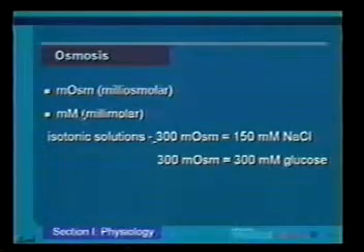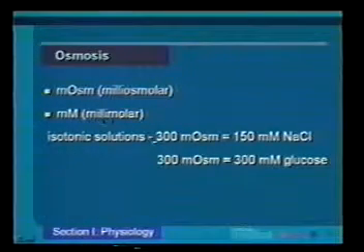Now, you may have to convert millimolar into milliosmolar or in the reverse direction. And the standard rule is, if you have it in millimolar and you want to convert it into milliosmolar, you multiply by the number of particles you get when you dissolve that molecule in solution. For example, sodium chloride will dissociate into two individual particles.